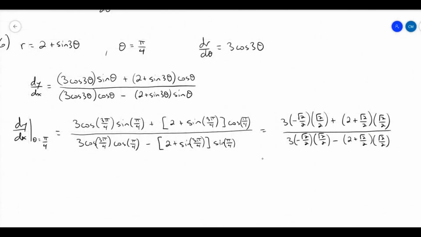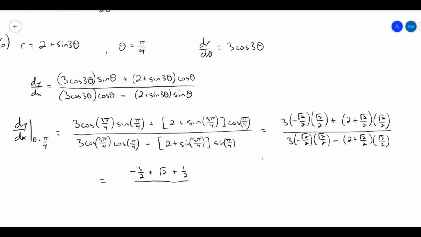It's going to be the numerator. What is that going to be? The root 2's cancel there, right? Root 2 times root 2 is 2. It looks like we're going to get negative 3 over 2 to start with. The next one will have plus root 2, the next term, distributing, and then plus 1/2, I guess.